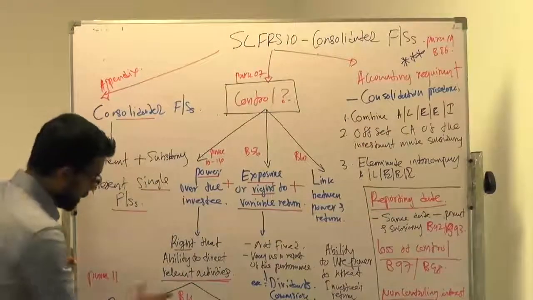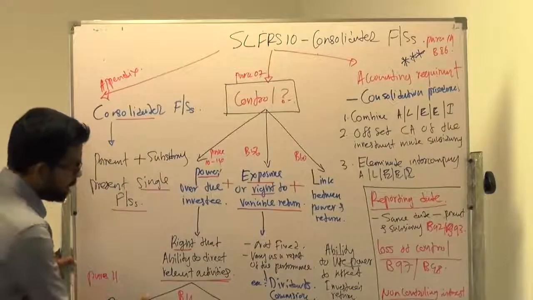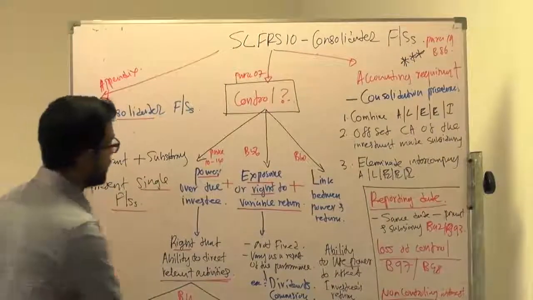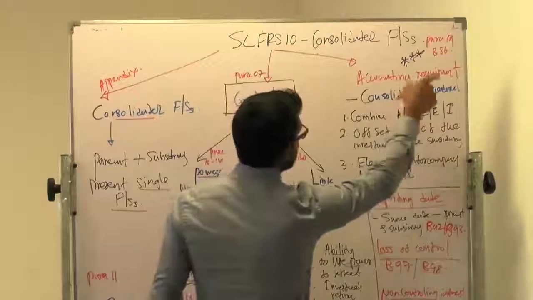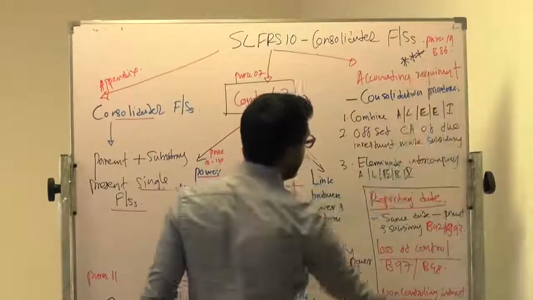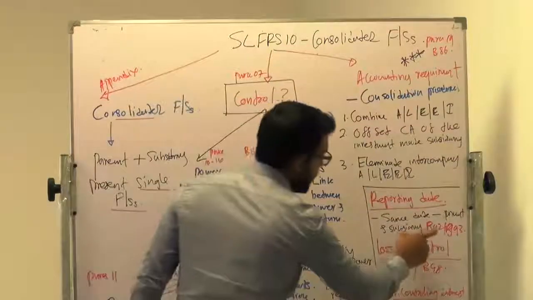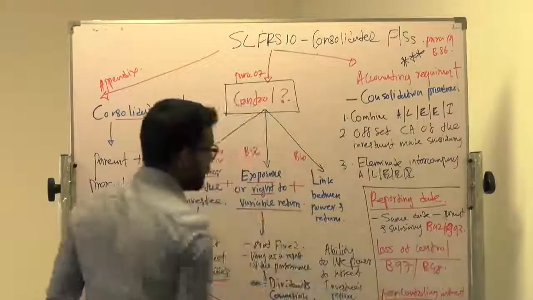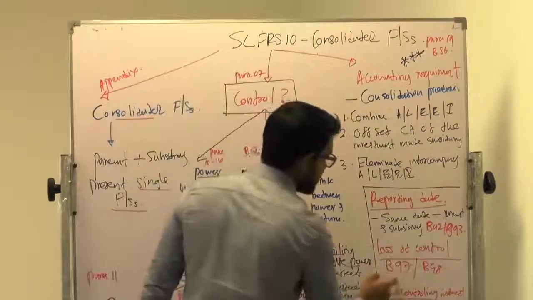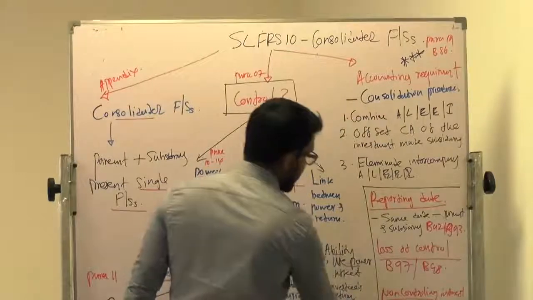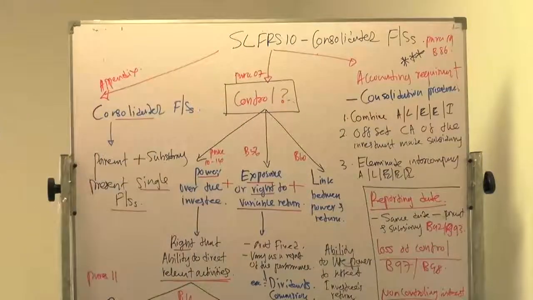Rights and variable returns are explained in para 11 and B11. Consolidation procedures are in paragraph 19 and B86. Reporting date is B92, B93. Loss of control is B97 and B98, and non-controlling interest is paragraph 22. So this is the entire summary of SLFRS 10.